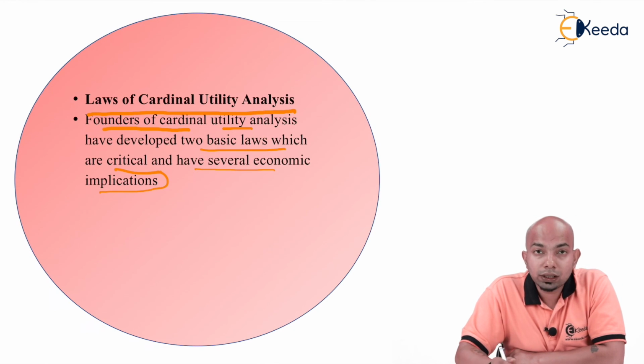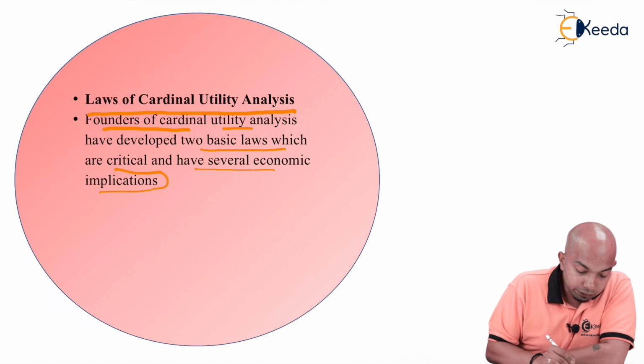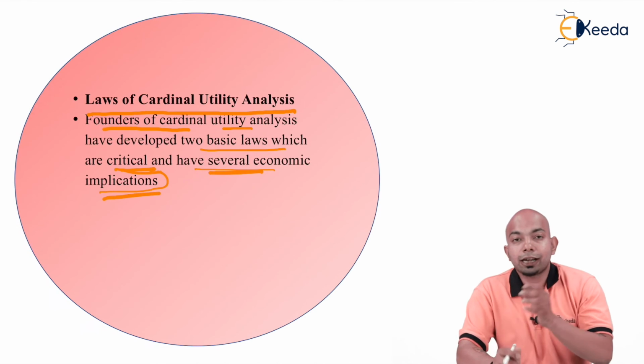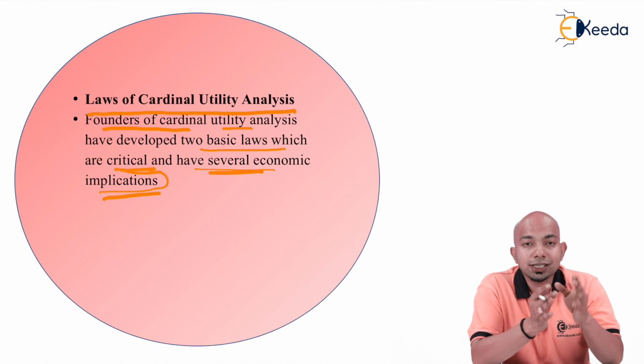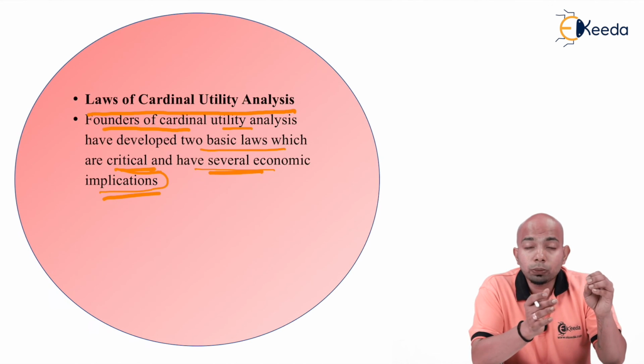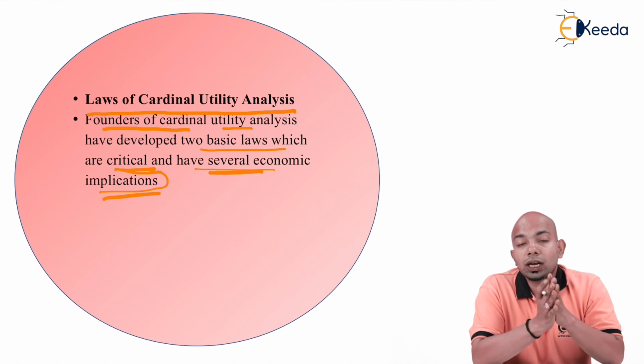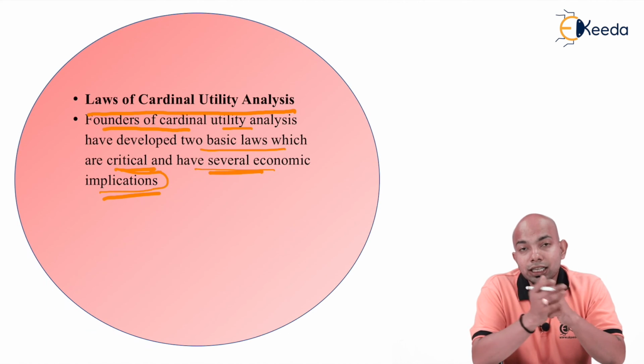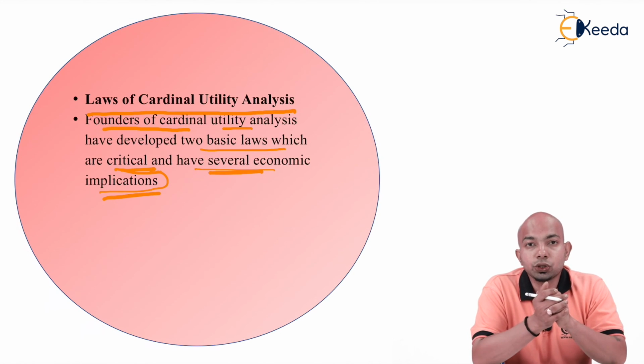That means whoever has found the laws of the cardinal utility approach developed them with two basic things, which are critical and have several economic implications. There is a lot of data analysis that has been put into it, hence economic implications.